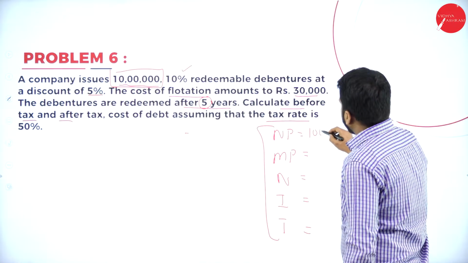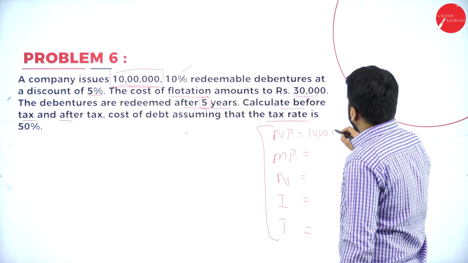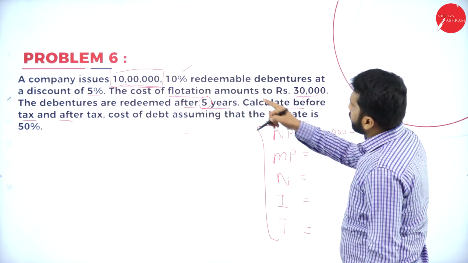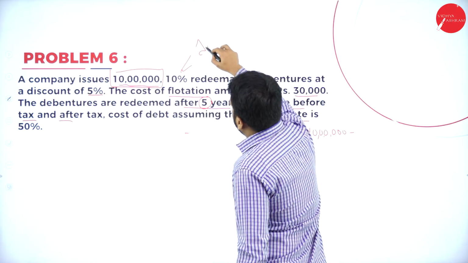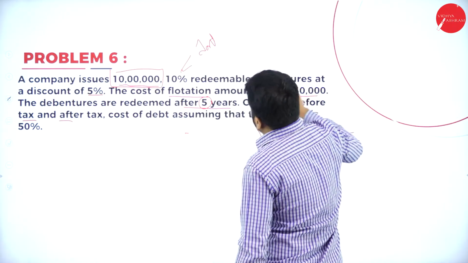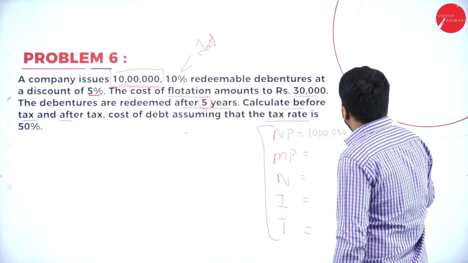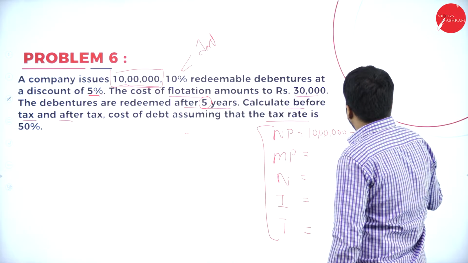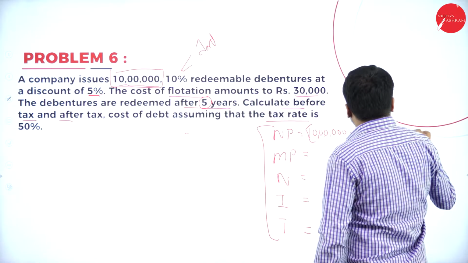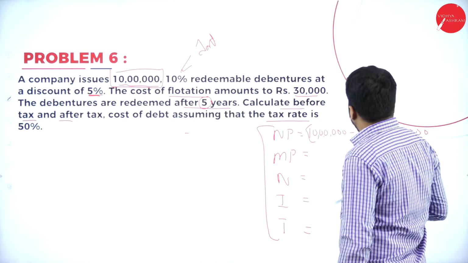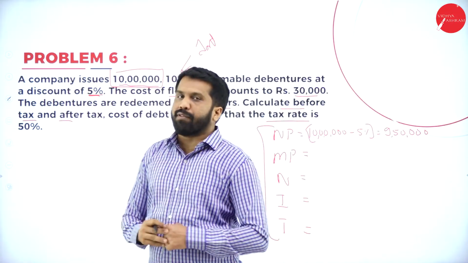It is not 1 lakh, it is 10 lakh minus 5% discount. The 10% is the interest part, we will not consider it now. How much will it be? 9,50,000. Any doubt? 10 lakh minus 5% means 9,50,000.